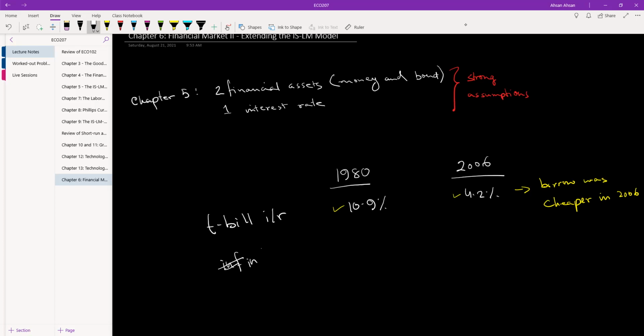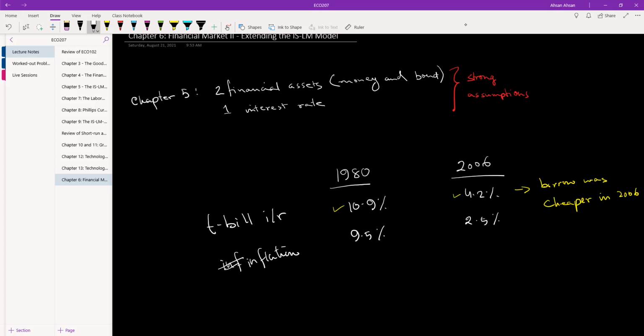But now suppose we take a look at the inflation data as well, okay? And what we see is that in 1980, inflation in the US was 9.5%. Inflation in 2006 was 2.5%.